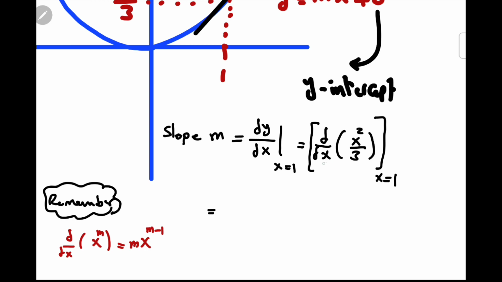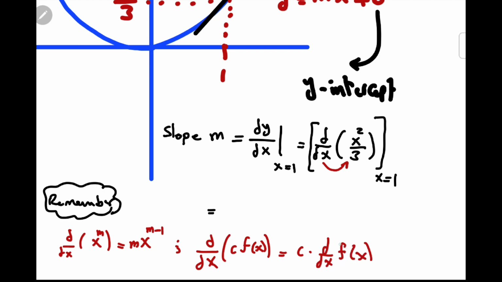Also remember that the derivative of a constant c multiplied by a function f of x is just equal to c times the derivative of that function. So the constant goes out of the differentiation.